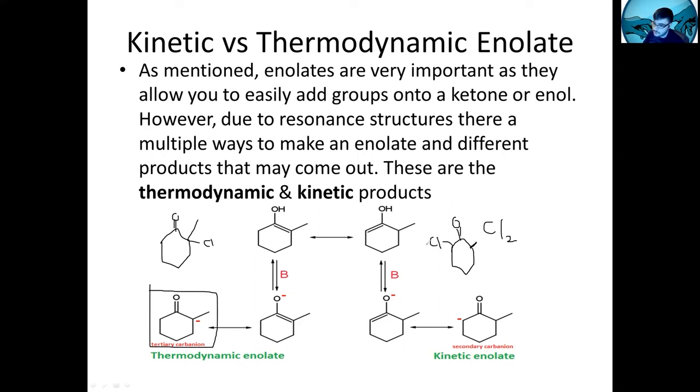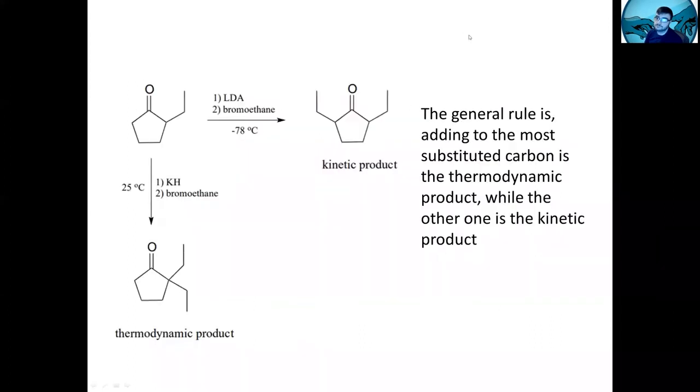You can see how this and this are different molecules, right? Even though you start off with kind of the same thing, based on the enolates changing, you can actually get different products. This is called the thermodynamic and kinetic enolate. And I'll cover it in a second on the next slide.